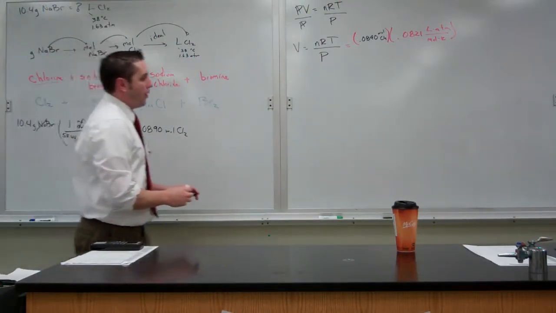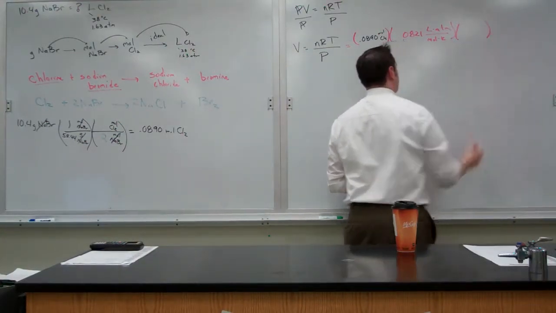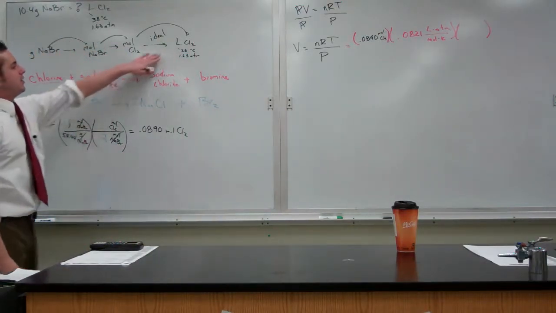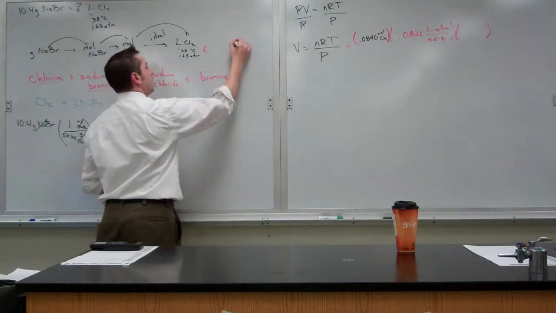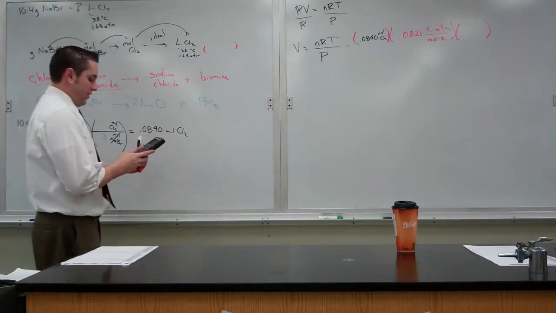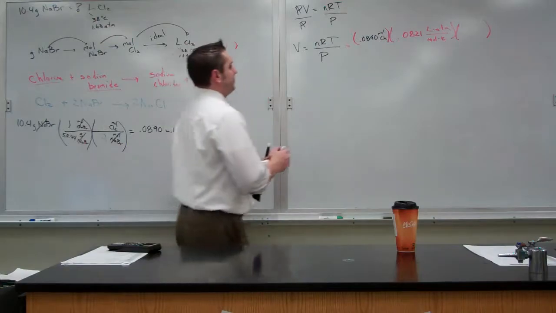R we already have in there. T is the temperature, and with the temperature, it has to be in Kelvin. Here is my temp. It's not in Kelvin, so I have to change it. 38 plus 273 is 311.